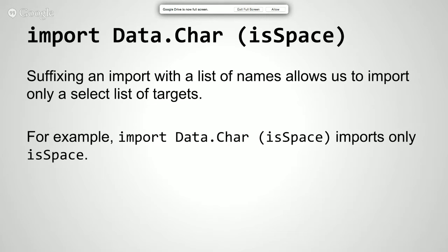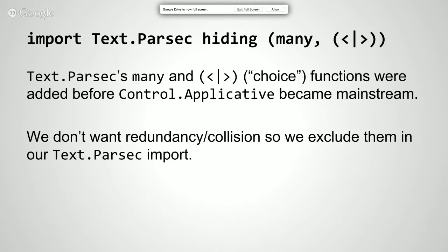So one of the ways that we get around this problem is that we will import a library and say, I only want these names. From Data.Char, I only want isSpace. Then we're not importing anything else from Data.Char. With hiding, we're saying, I want to import everything except these names.